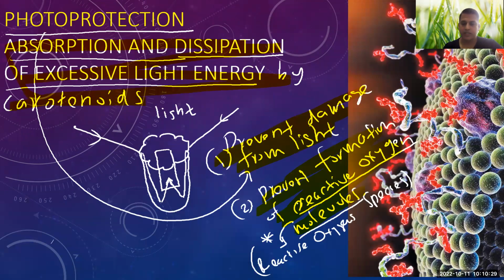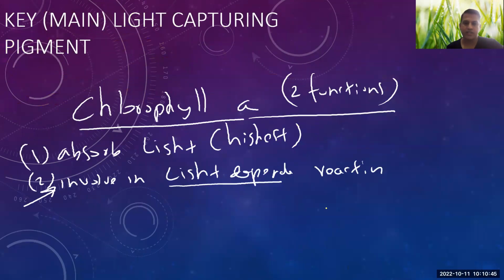To explain reactive oxygen molecules, you can remember that reactive oxygen molecules are harmful. They can damage the cell. Excessive light can form reactive oxygen molecules like this.